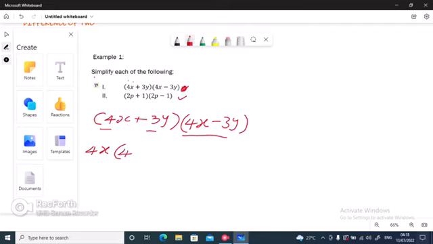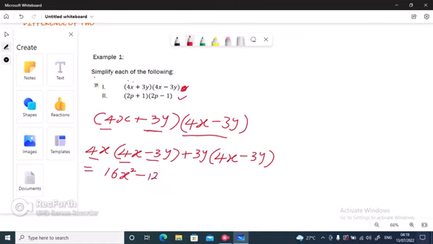So which is our 4x, open your bracket, we have 4x minus 3y, plus our 3y, open your bracket again, 4x minus 3y. So which should be equals to our 4x times our 4x, we have 16x square.